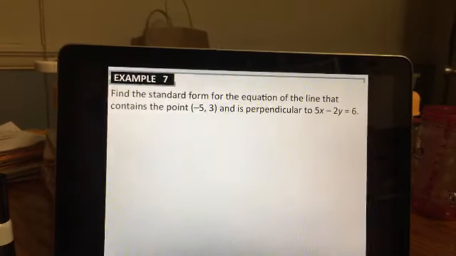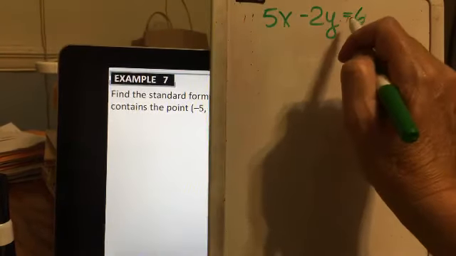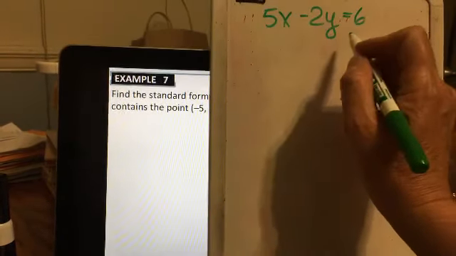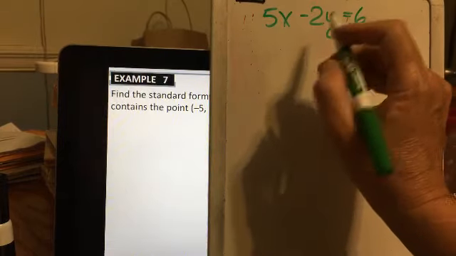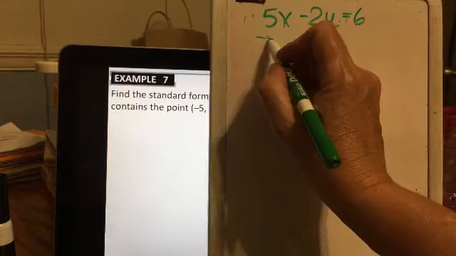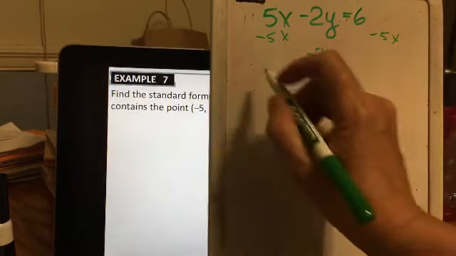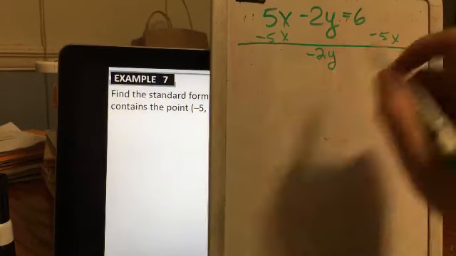So my line is 5x minus 2y equals 6. I'm going to do it both ways. If I'm going to turn it into slope-intercept form, I need just a y on the left. So I've got a negative 2y. I'm going to subtract the 5x on the left and on the right.